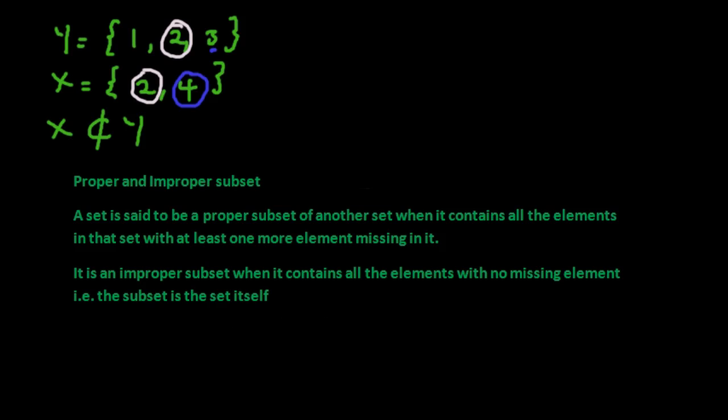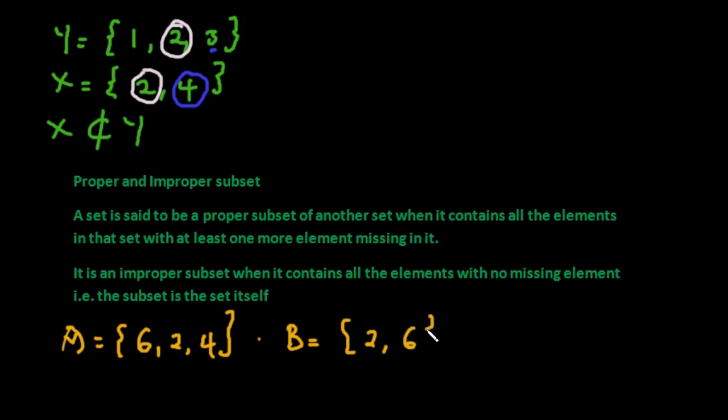If we have two sets, set A has elements 6, 2, and 4, and set B has elements 2 and 6.